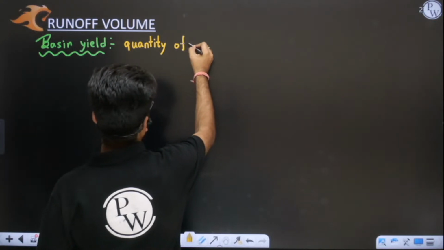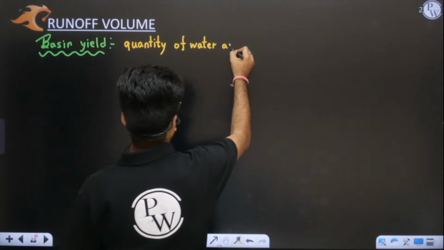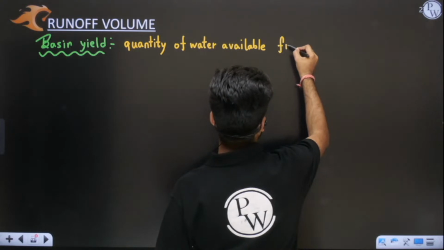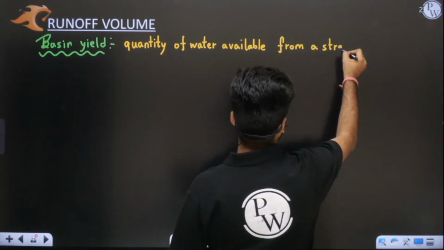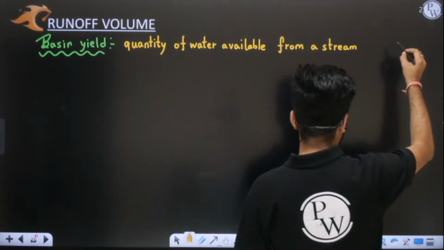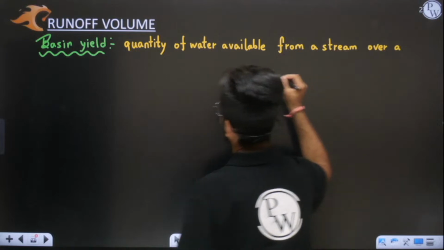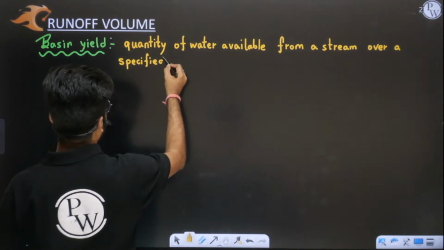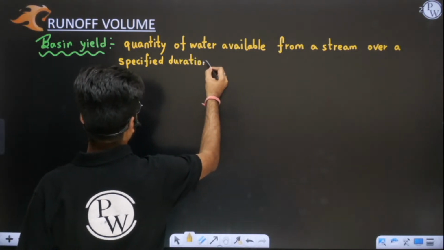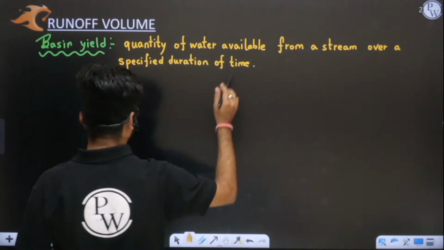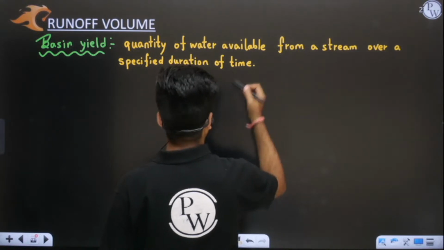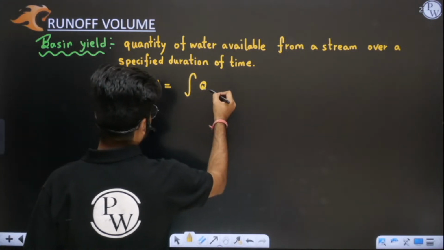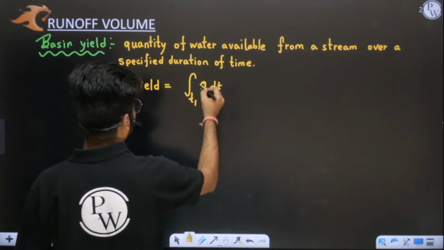So the total quantity of water available from a stream over a specified duration of time is known as basin yield, and the formula is the integral of Q dt from time T1 to time T2.